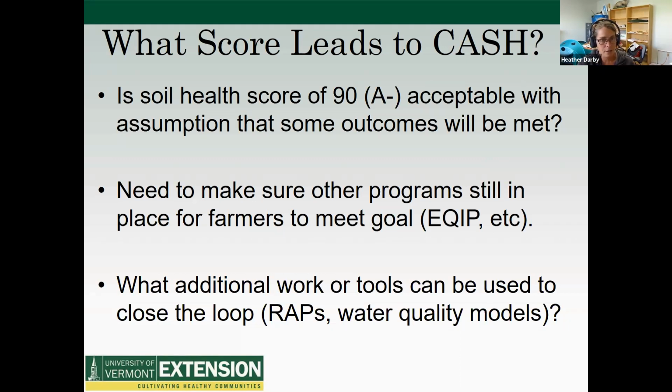So then the other question comes, well, what about everything else? What about all the other things that the soil health analysis isn't thinking about? So I put down here, what other tools might be combined with this to kind of close that loop?